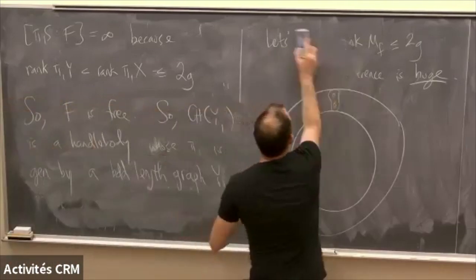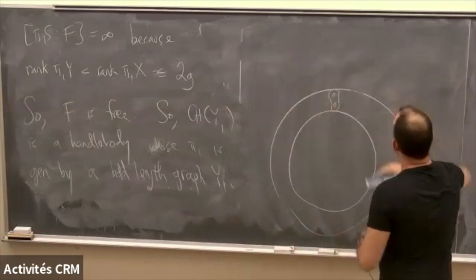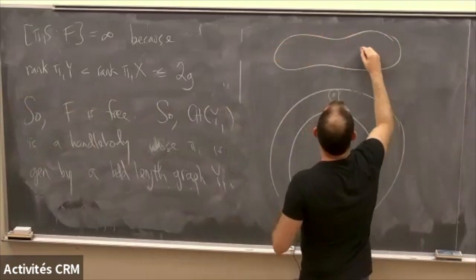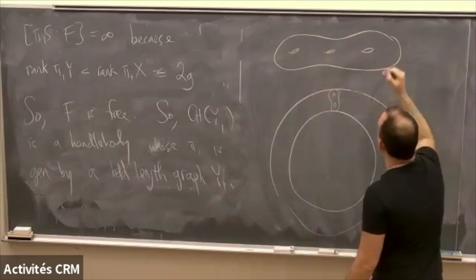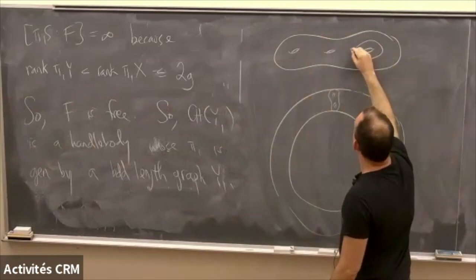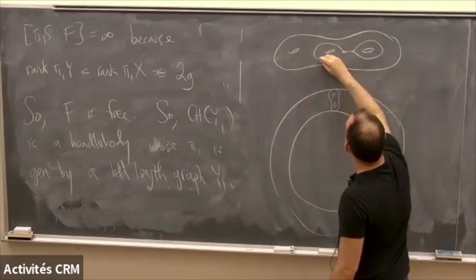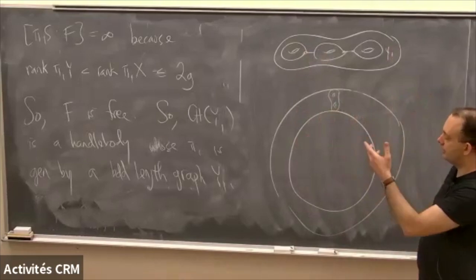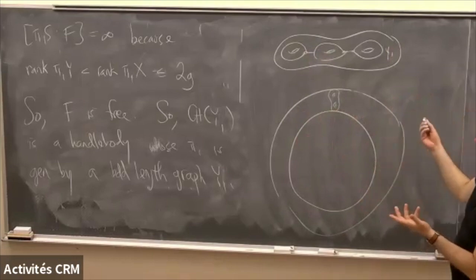Okay, and so let me draw you a picture of that. So here's what your handle body looks like, and then there's this bounded length graph inside of it. If you're familiar with this, then this will be familiar.